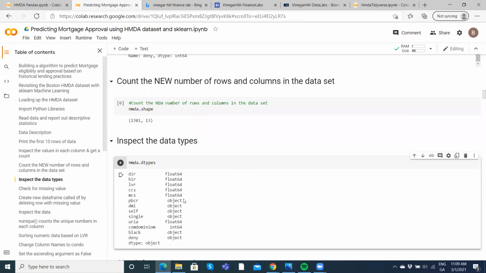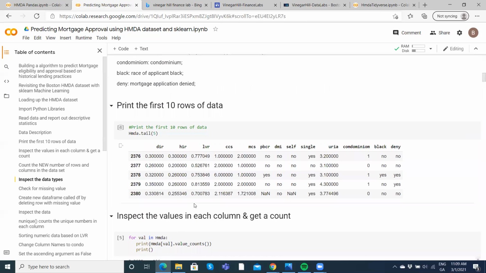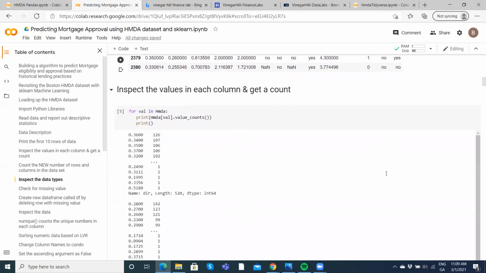The objects seem to be the variables that have classification. If we look at the pbcr, DMI, what we're observing is they're no and yes. So in theory, these are categories, right? No and yes. They're not just words, the words have meaning.